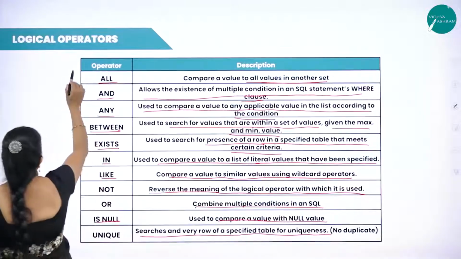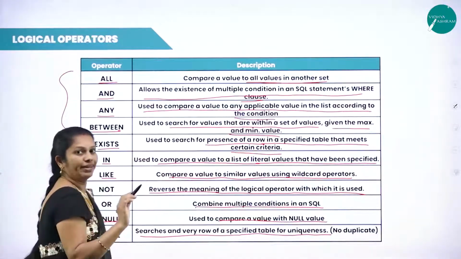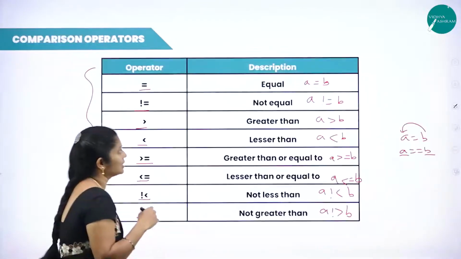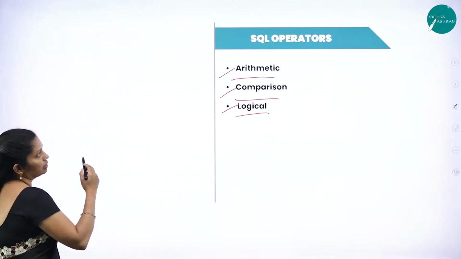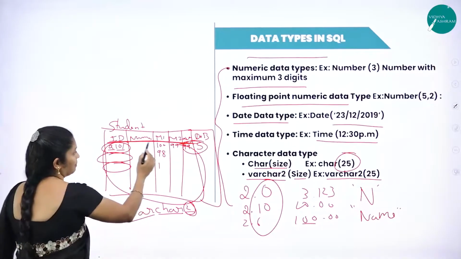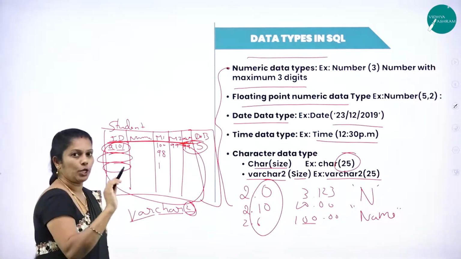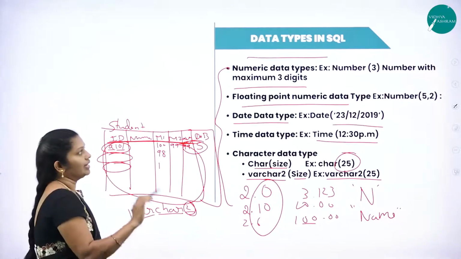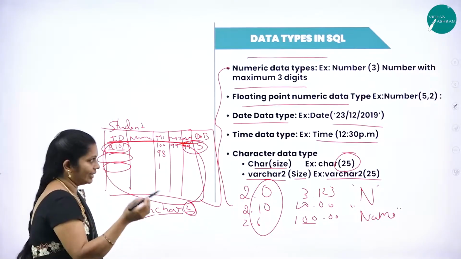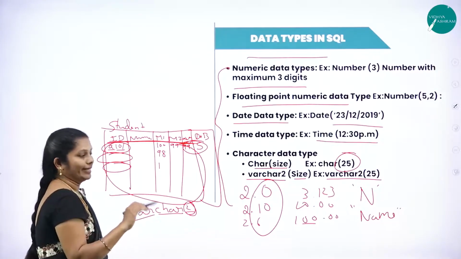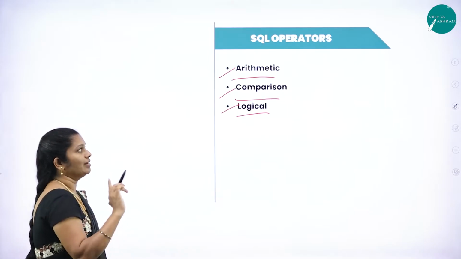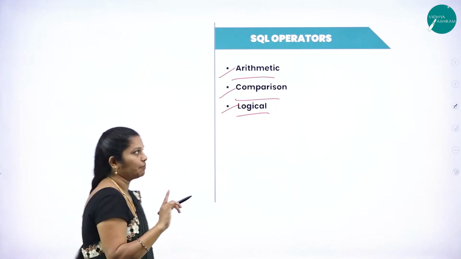These are a few of the logical operators we use in SQL. One by one, once again I will discuss. When you come to data types, these represent the types of values we use while entering in the table: numeric, floating, date data type, time data type, character data type. Then next, operators: arithmetic, comparison and logical.